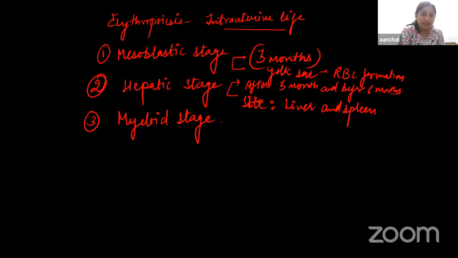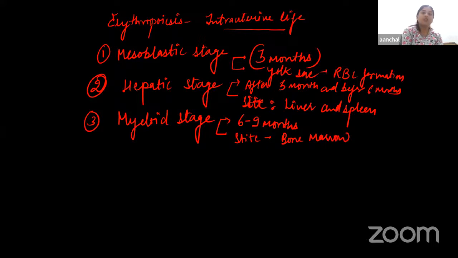Then finally we have the myeloid stage. This occurs between 6 to 9 months of fetal life, and in the myeloid stage the site of formation of RBC will be the bone marrow. Okay, so this is all about erythropoiesis during intrauterine life.